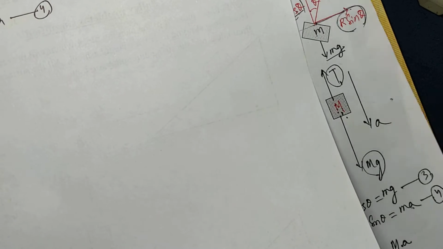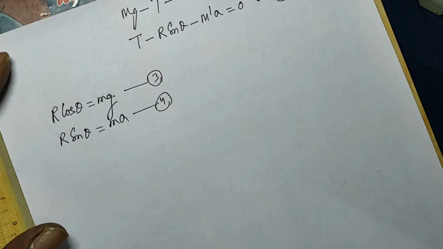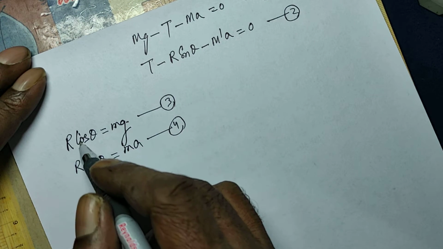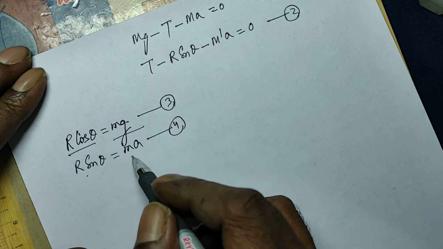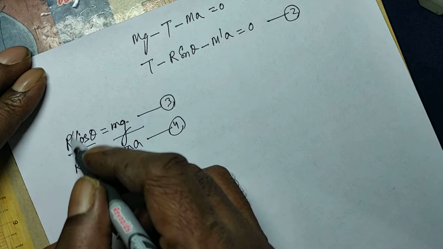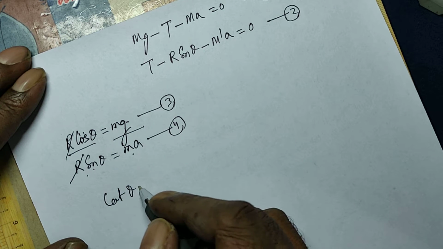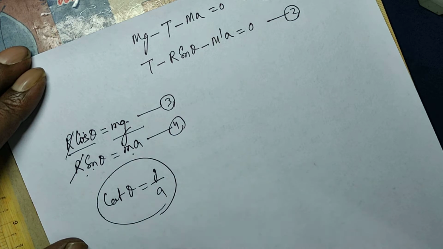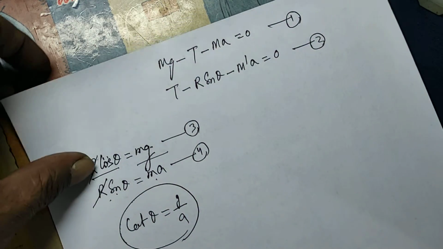Now, once that is understood, we are left with only the algebra part of it. Let us divide the left hand side of this with the left hand side of this and the right hand side of this with the right hand side of this. So your R cancels, cotangent theta, m cancels, is equal to g over a. We'll use this value here.